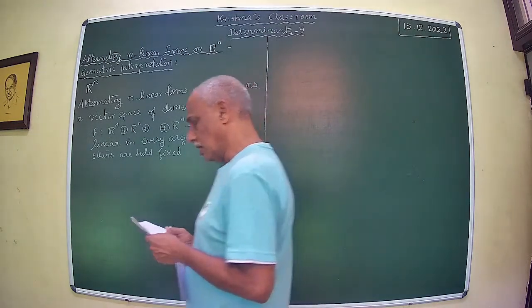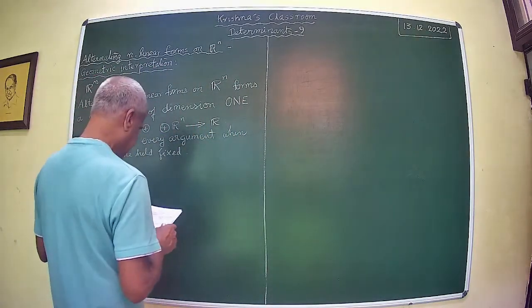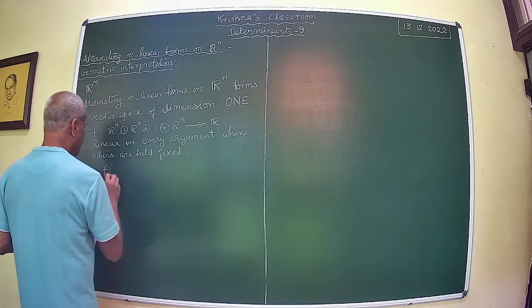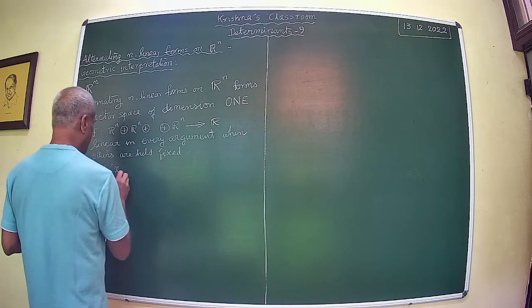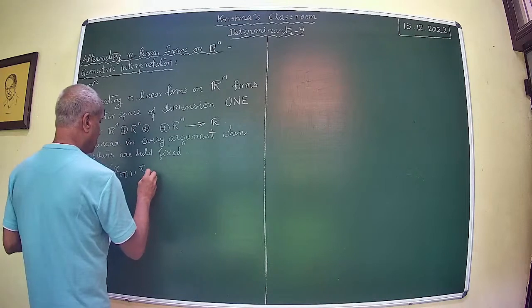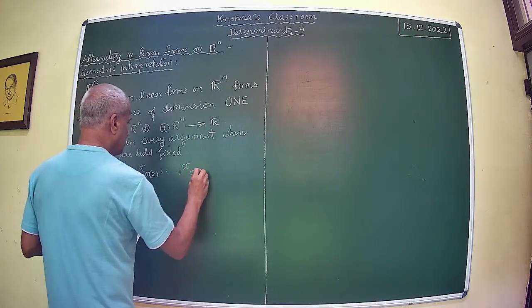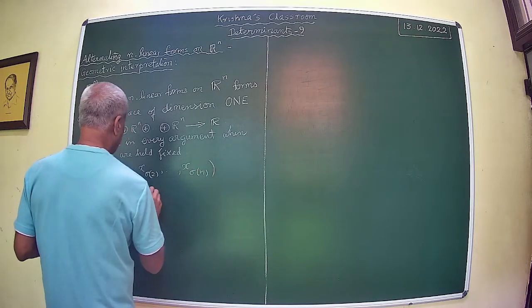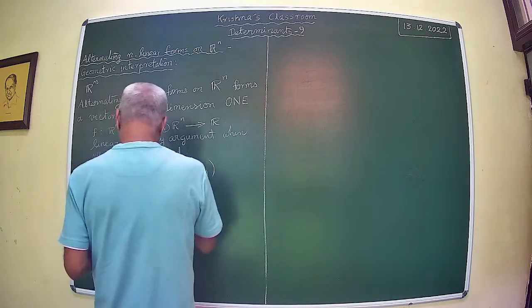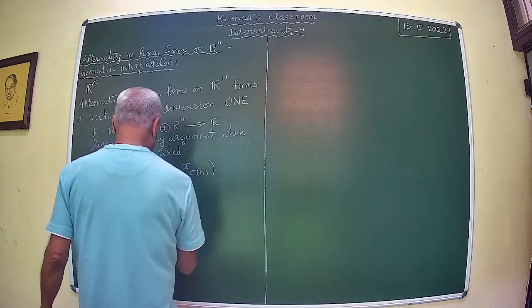Or we can put it this way, and the consequence of this is that f of x sigma 1 up to x sigma n is equal to what is called the signum.